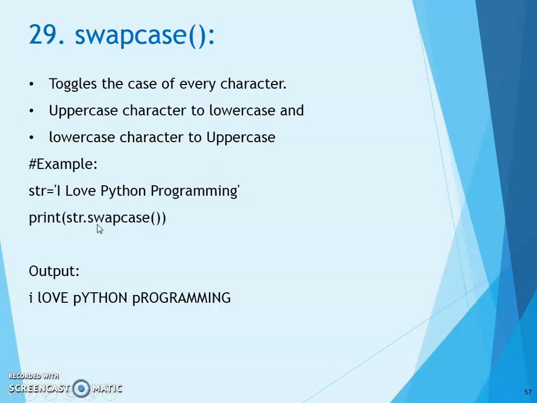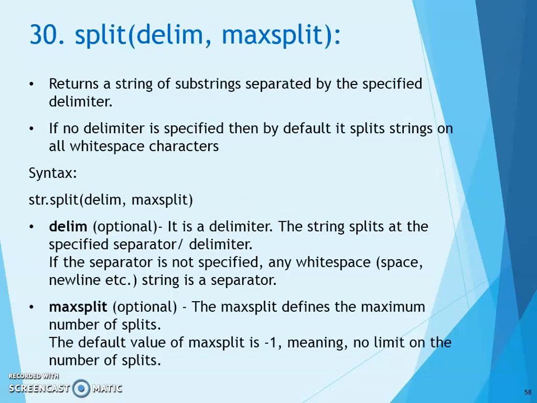So after invoking this method, this I will be converted into lowercase. L is in uppercase, so it will be converted into lowercase. Next, 3 characters are in lowercase, so they will be converted into uppercase, and so on. So the cases of all the characters are toggled. If it is lowercase, it is converted into uppercase, and if it is uppercase, then it will be converted into lowercase. So it is swapping the character case.